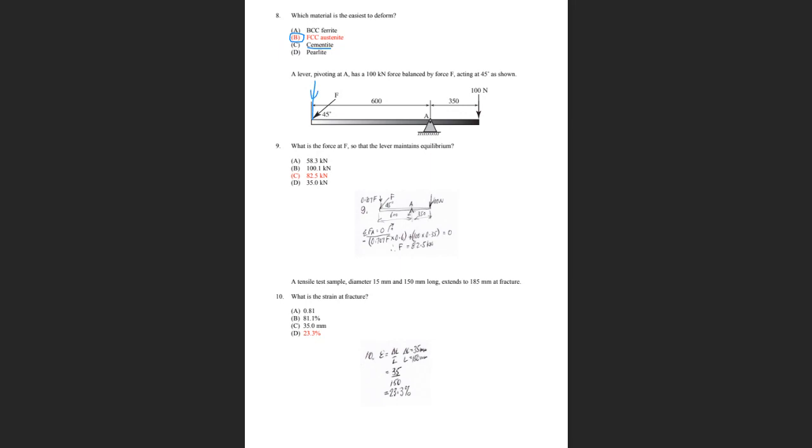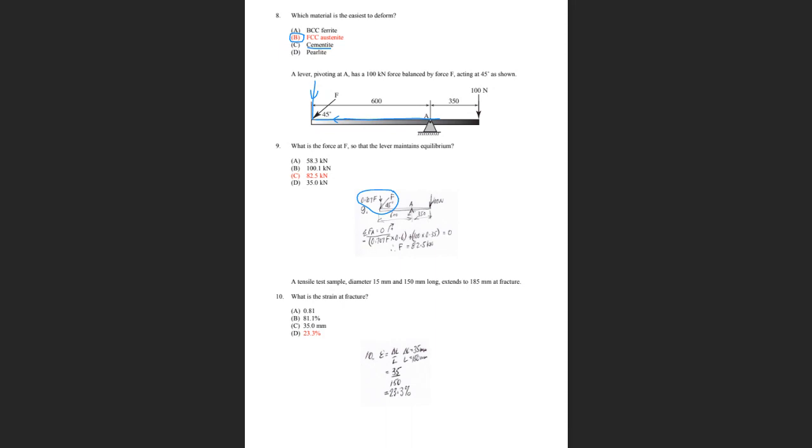And you don't have to worry about the horizontal component, because by the principle of transmissibility, it'll go through that point there. And because it has no lever arm, it creates a zero moment. And so this vertical force that I've drawn down here is F sine 45, which is 0.707 F.